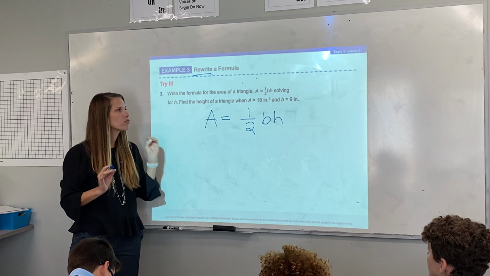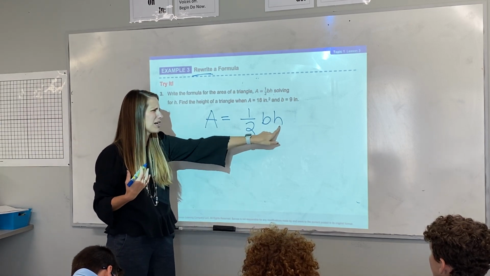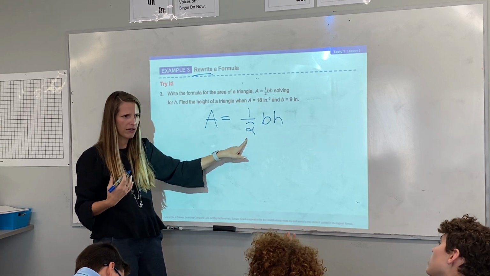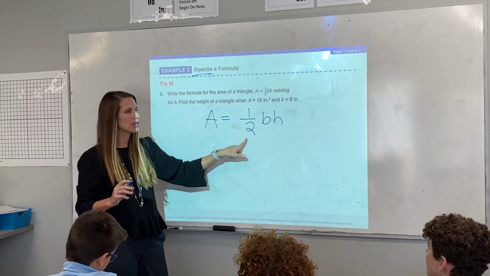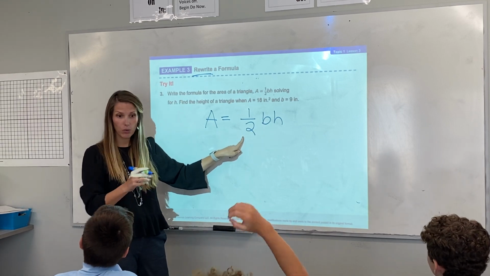First, rewrite it. Now you're probably thinking, how do I get H by itself if it's being multiplied by B and a 1/2? You can't subtract it, because it's being multiplied by these. So what do we do?